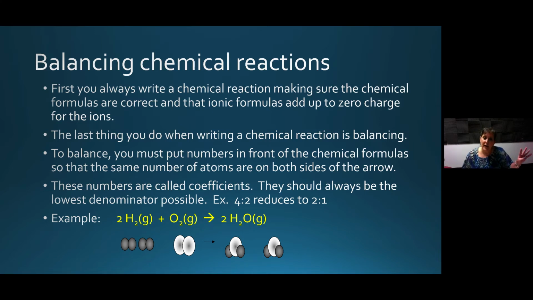On the right side of the arrow, there are also 4 gray hydrogen atoms. Now look, on the left side of the arrow, there are 2 big white oxygen atoms. And on the other side, there are also 2 big white oxygen atoms. So we have the same number of atoms on both sides because of those 2's. 2 H2 gas plus 1 O2 gas makes 2 H2O gas.